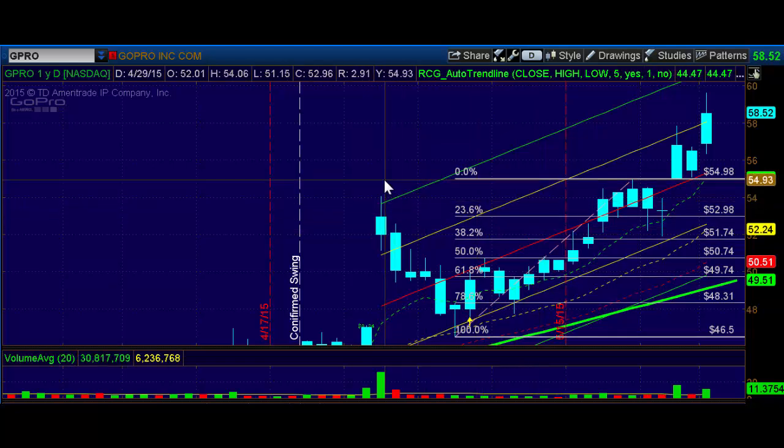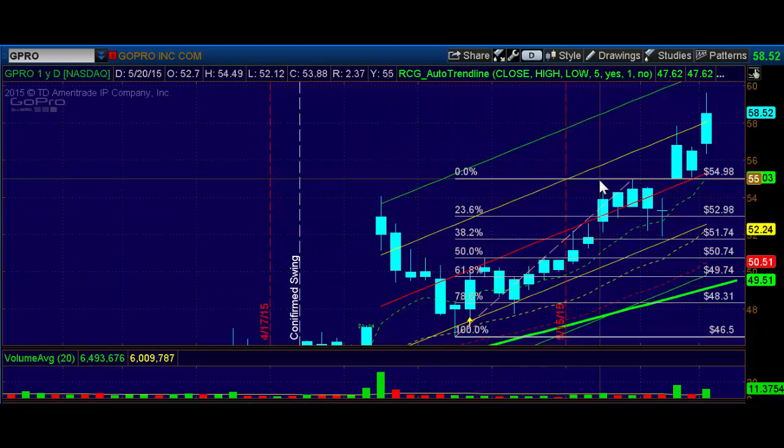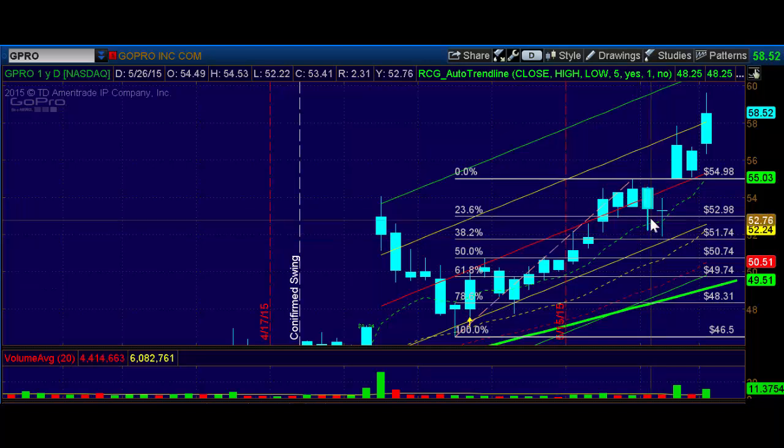We're looking for the cup with the pullback of, and I like to say, 3 to 5 on average candles on the pullback. I want at least back to the 382, which we can see we did here, and no more than the 618.